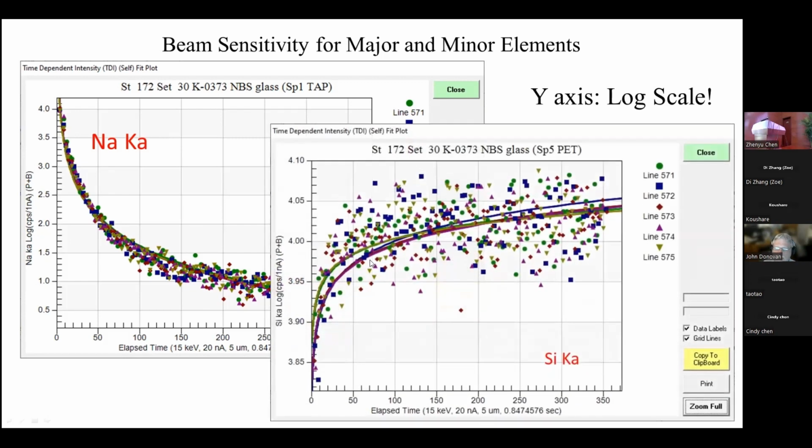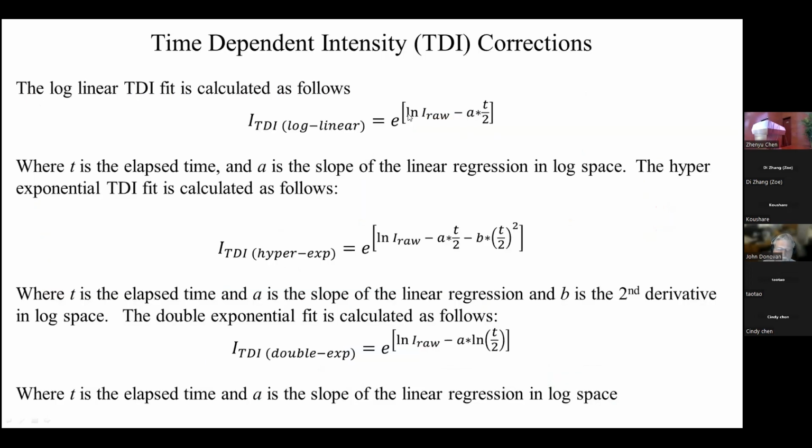And in the case of silicon, it's the opposite. The silicon intensity increases over time. And this has to be extrapolated back to zero time, which we can do. And everybody should be doing this. There's no excuse for not doing this. I'm not going to go over this, but just to point out that each of these methods is documented, and you can apply this in the software.